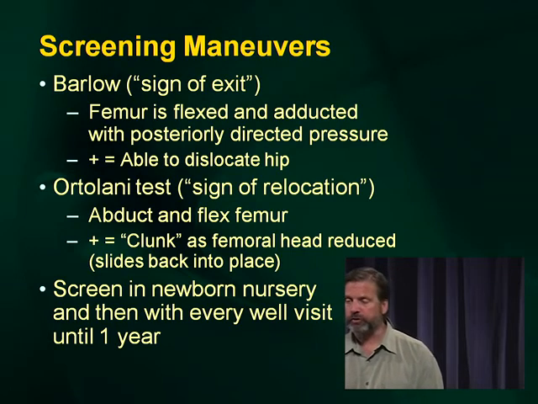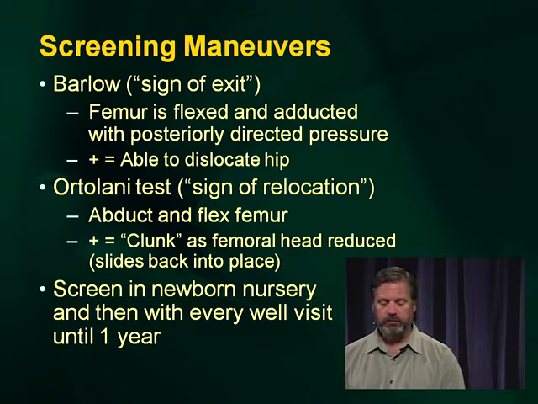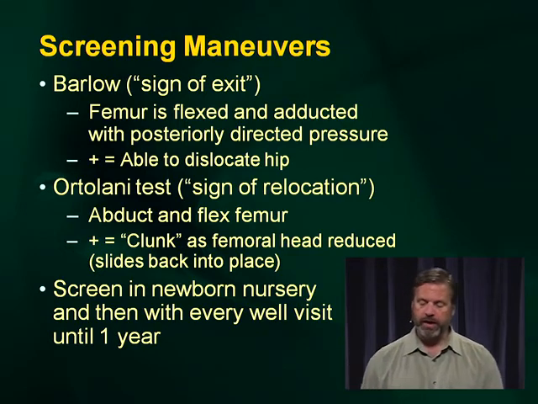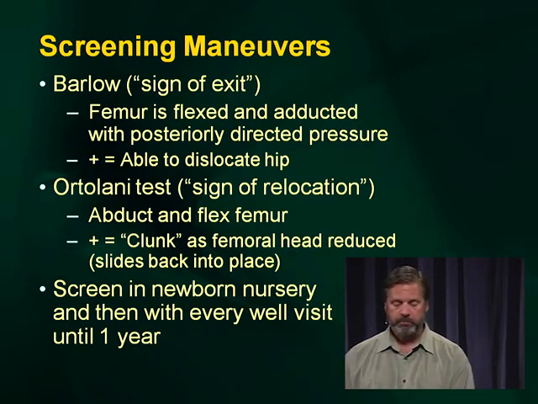The screening maneuvers that you know about are the Barlow, which is the sign of exit, where when you flex the femur and adduct it with posterior directed pressure, you're able to actually dislocate the hip. And the Ortolani, which is an abduction and flexing of the femur, you feel a clunk as the femoral head is reduced and slides back into the right place adjacent to the acetabulum.